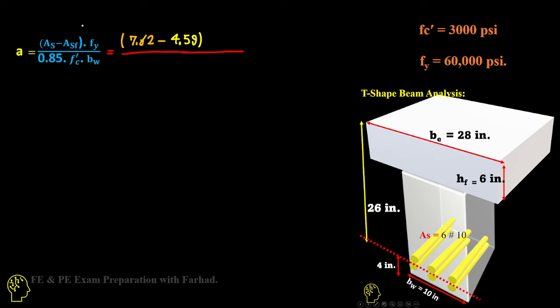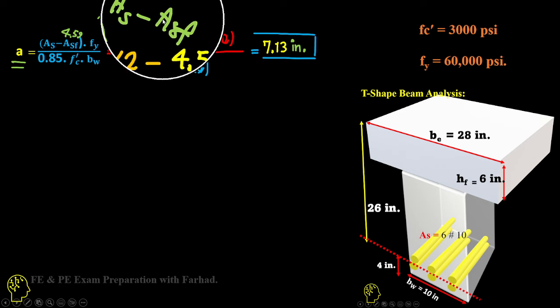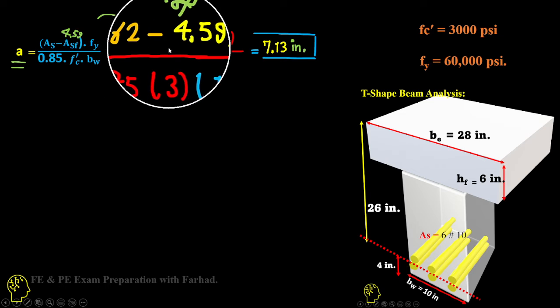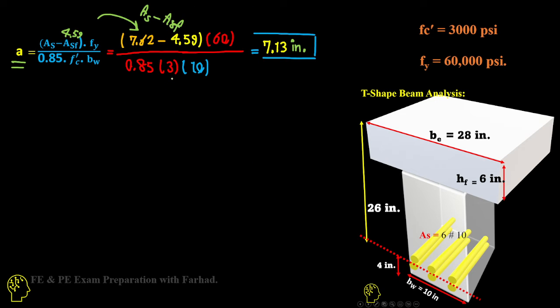Likewise, as soon as you have the area ASF, which is 4.59, you can replace that in the equation like when you solve for doubly reinforced concrete. It gives you AS minus ASF, the area of steel minus the area of steel for the flange, which is 4.59 over 85% of f prime c times bw.